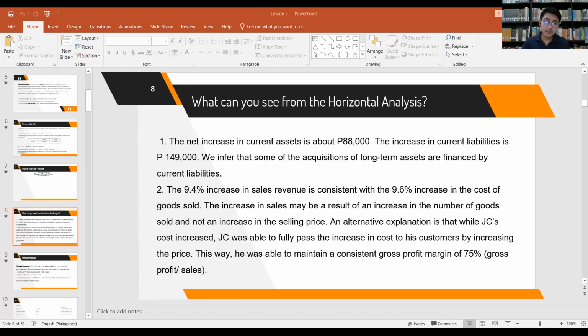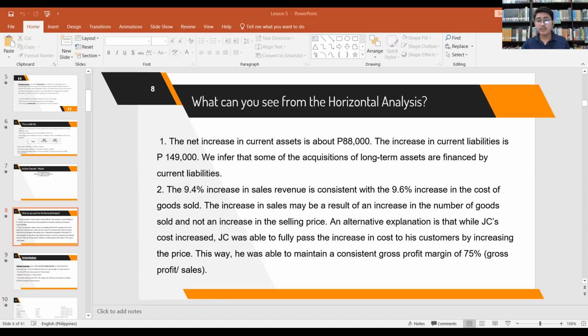Ganun lang po. Yung sales revenue natin, for example, in year 2019, we have, okay, baliktad po siya. Dapat 2020 po dito sa 2019. Okay? Okay, ganun lang po.